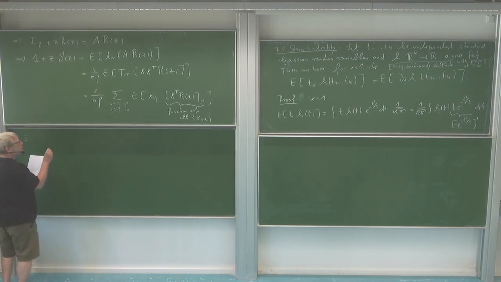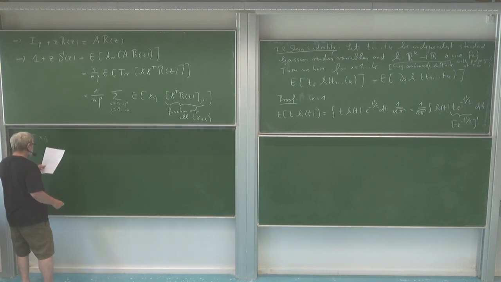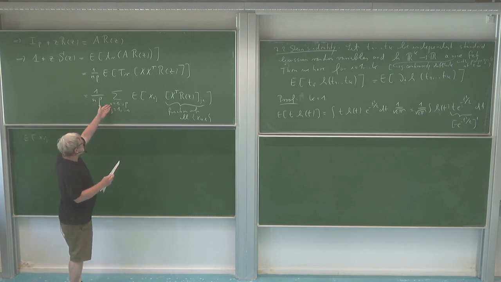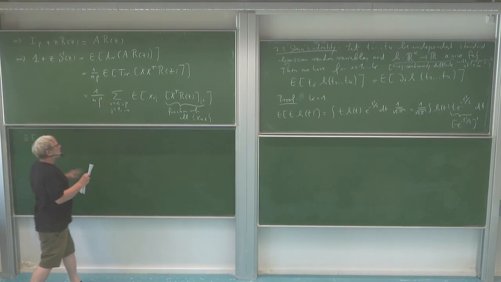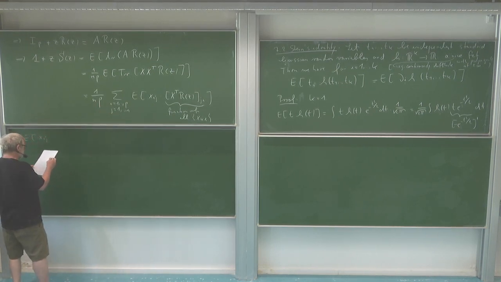So let us see. What we need here is the expectation of one of the entries of my matrix, the x_ij, and I need this for all i and j. So let us fix i and j and see what we get there.